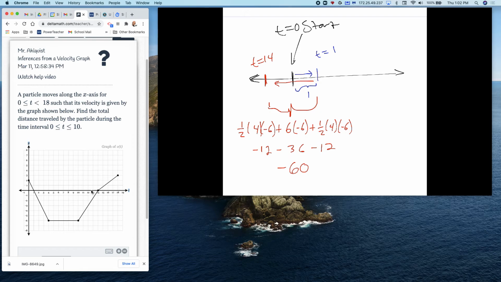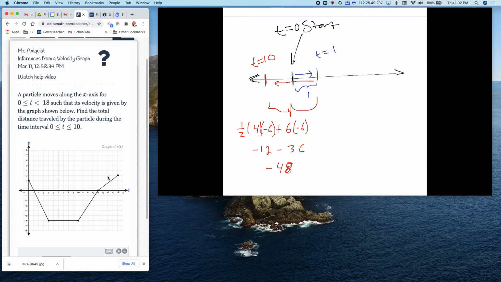Now, actually, we didn't have to go that far, right? Because we're supposed to only go to 10. So I kind of messed that up. So if we only go to 10, what that means is we would not have had this part, which means our total distance traveled to the left would be -48.